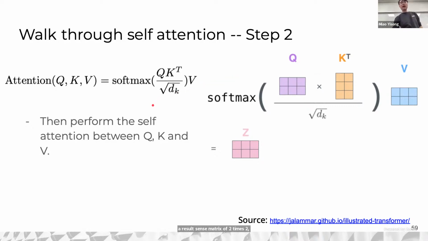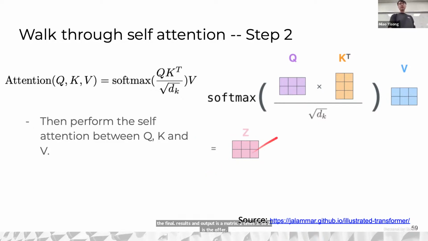Then after the softmax, which is still a 2 times 2 matrix, it is multiplied by V, which is 2 times 3, and the final resultant output is a matrix of 2 times 3. So Z is the output.